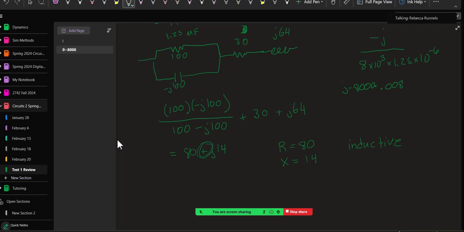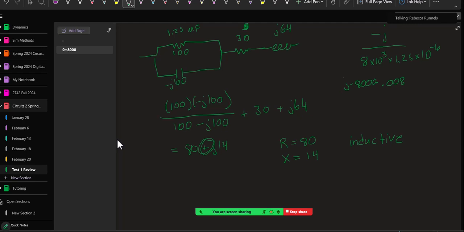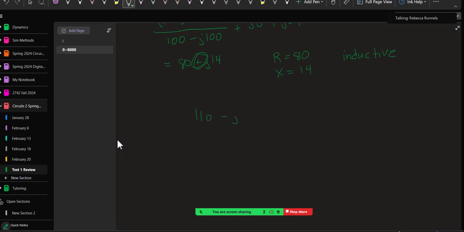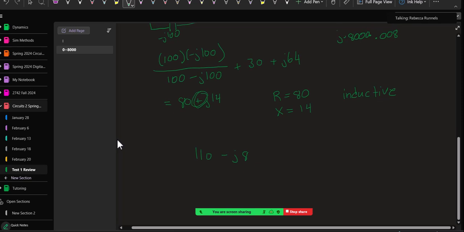Now it says repeat for a frequency of 4 kiloradians per second. I'm actually not going to do that because it's exactly the same idea, but I will tell you the answer so you can check on your own. The answer, if you want to practice yourself, would be 110 minus J8. Oh, and I would have gotten a point off and felt so stupid because I left off my units. These are ohms.